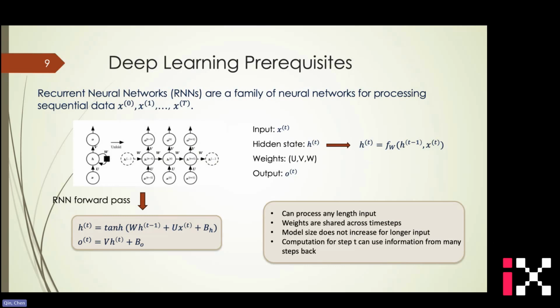Whatever the length of the input is, the model size will be the same. Lastly, of course, the reason we use it is that we can use the information from many steps back, to make sure that we can leverage the information that has been memorized from the previous time steps.